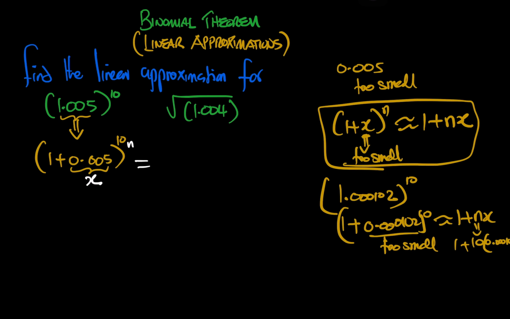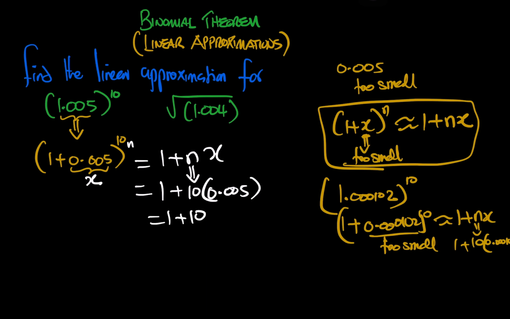So if we approximate this to be 1 plus nx, then we're going to get 1 plus our n, which is 10, and our x, which is 0.005. So we have 1 plus 10 times 5 over 1,000, because we have 0.005.